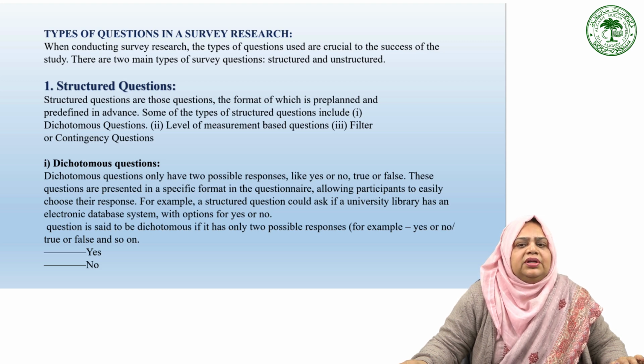Dichotomous questions only have two possible responses, like yes or no, true or false. These questions are presented in a specific format in the questionnaire, allowing participants to easily choose from responses. For example, a structured question could ask if a university library has an electronic database system with options for yes or no.